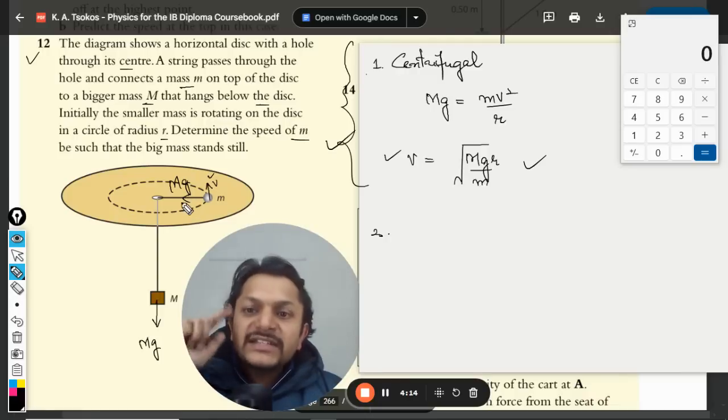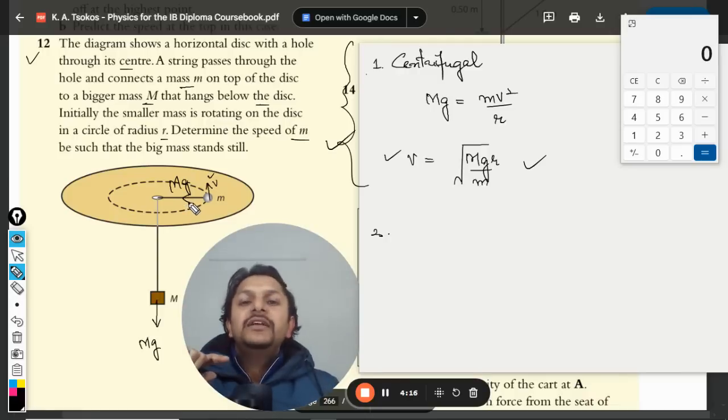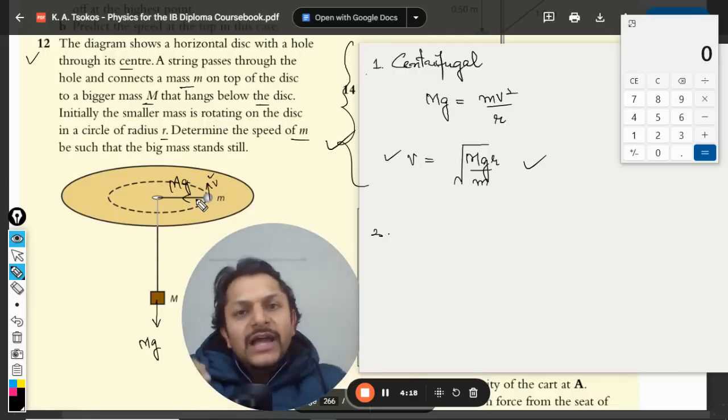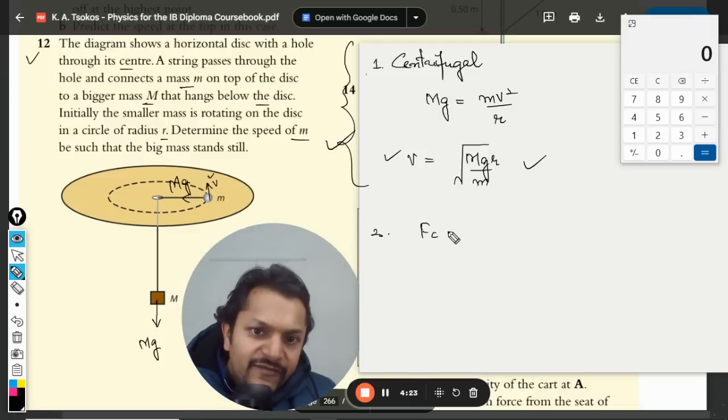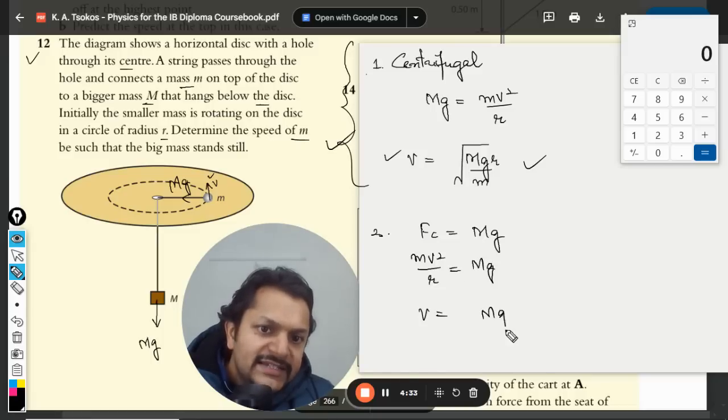Why? Because this is now acting as centripetal force, so it is doing some other job. That is why it is not able to pull the body towards the center, and we can say that the centripetal force will be equal to the weight, which is Mg. And clearly in this also it will be mv squared by r equal to Mg, and you would be getting the same expression as earlier.